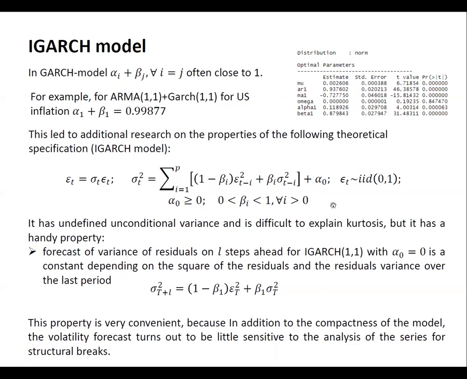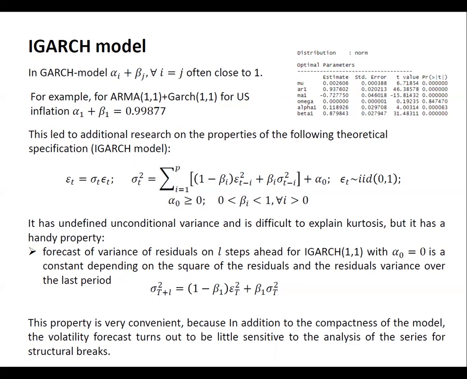That's in fact, they made the restriction of alpha plus beta equals 1, which reduced the number of degrees of freedom. Some defects of the IGARCH model are due to the fact that there is an undefined unconditional variance there. Plus, it is difficult to explain kurtosis.